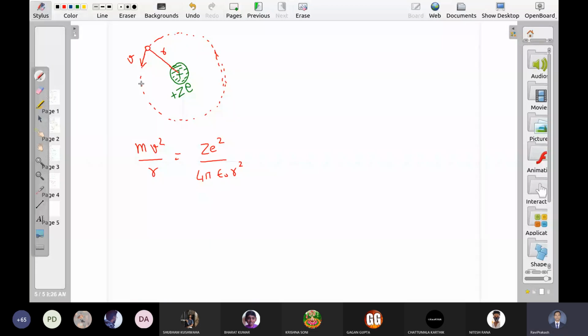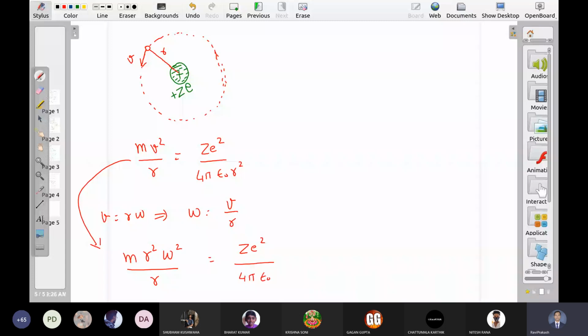So v is equal to r omega, or omega is equal to v upon r. So m v square, let me write it r square omega square upon r, equals z e square upon 4 pi epsilon naught r square.